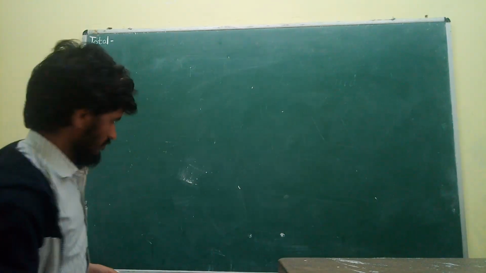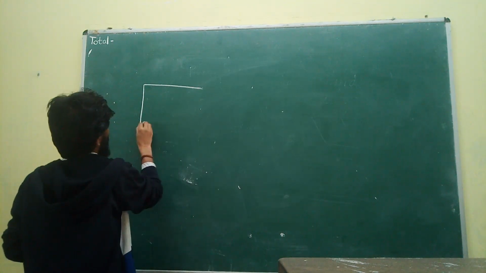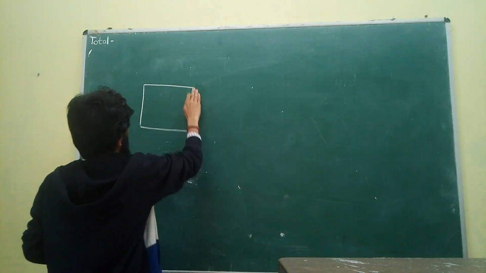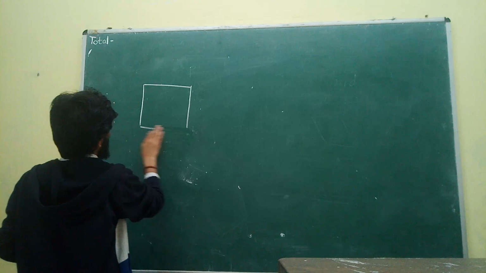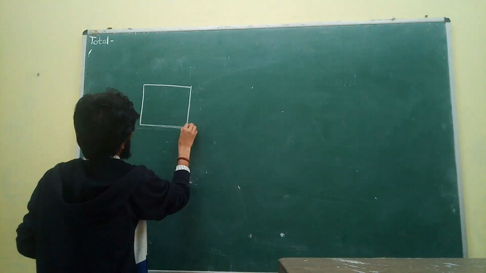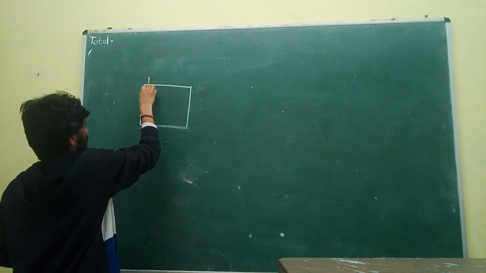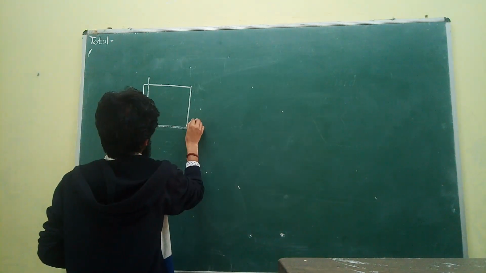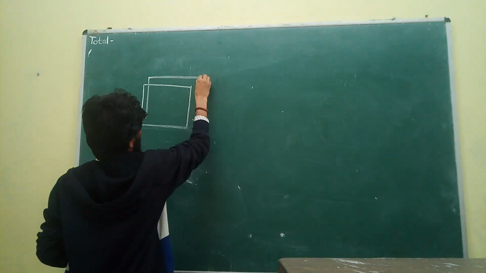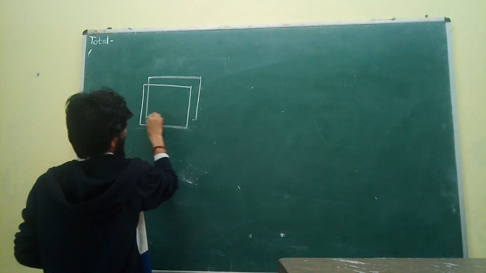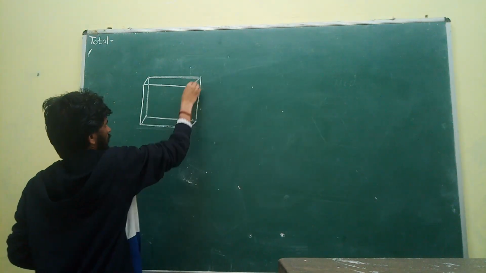Understand? So you consider it as a cuboid. Now I am going to draw here. This is the unit cell. Okay, cuboid unit cell. Now understand?